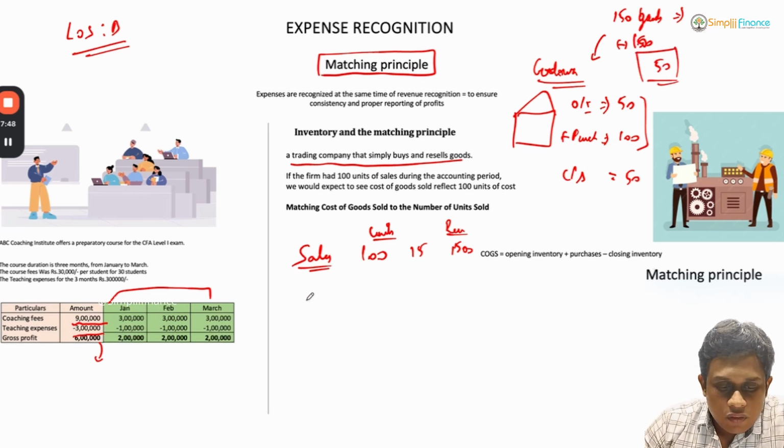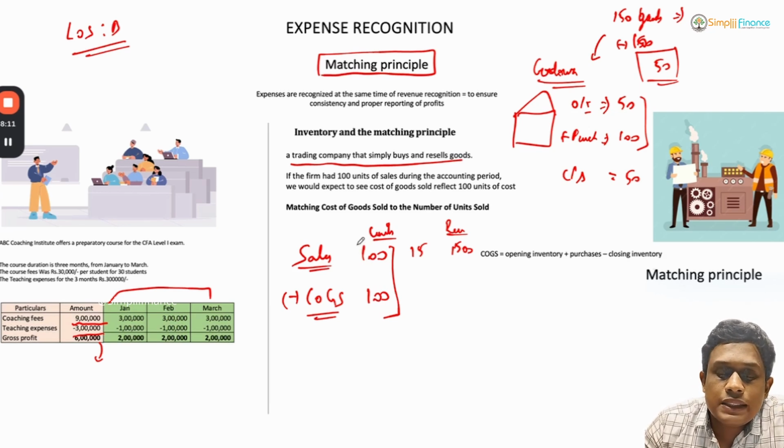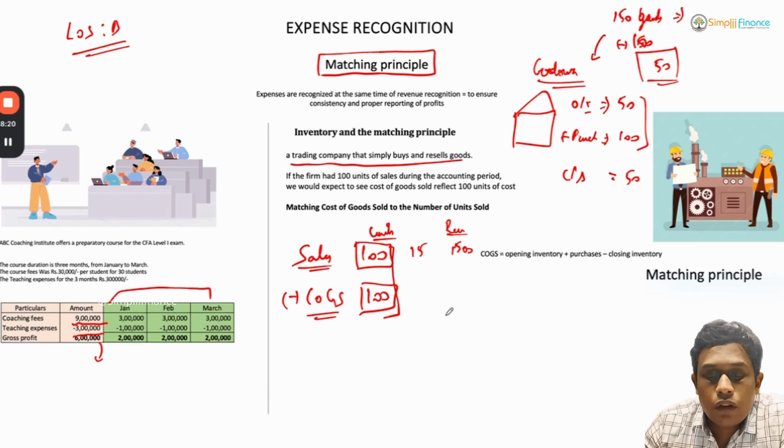Now for you to recognize your gross profit, the COGS, that is the cost of goods sold, the cost of these actual goods sold should be matched with the units of sale. So 100 units only should be matched. This is what we are trying to say on the matching principle. For you to recognize the gross profit, the sales quantity has to match with the COGS quantity, so that you are able to get a perfect number for the gross profit.